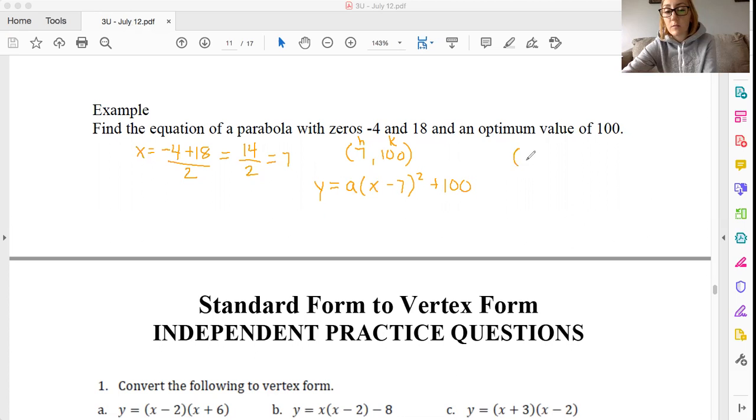So one of the zeros is -4, 0. So this is our x value, this is our y value. What you're going to do is go back here and replace your x with the -4, your y with the 0, and you're going to solve for a, which will get a little bit tricky if you haven't done that in a while, unfortunately.